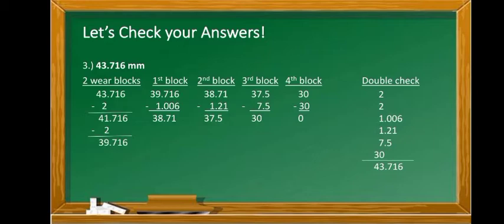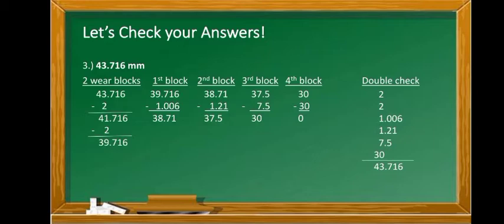So, 37.5, we are going to eliminate the first decimal place, which is the 5. That will also eliminate the first whole number in millimeters. So, we have 7.5. So, 37.5 minus our third selected block, which is 7.5, is equal to 30.